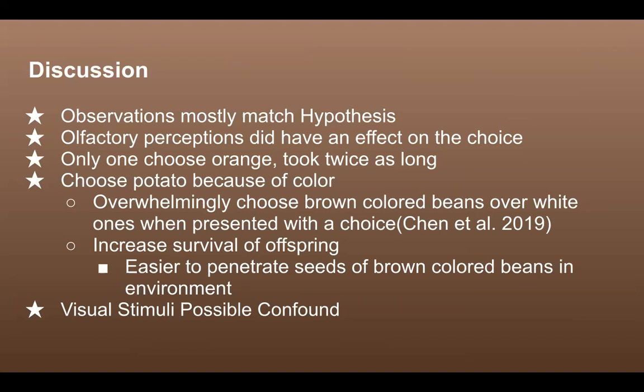In our experiment, the brown potatoes may have been mistaken by some of the female C. maculatus to be brown beans that would increase the likelihood of their offspring's survival. Furthermore, this would mean that in our experiment, there was a confounding variable, as a third variable of visual stimuli had an effect on our experiments.